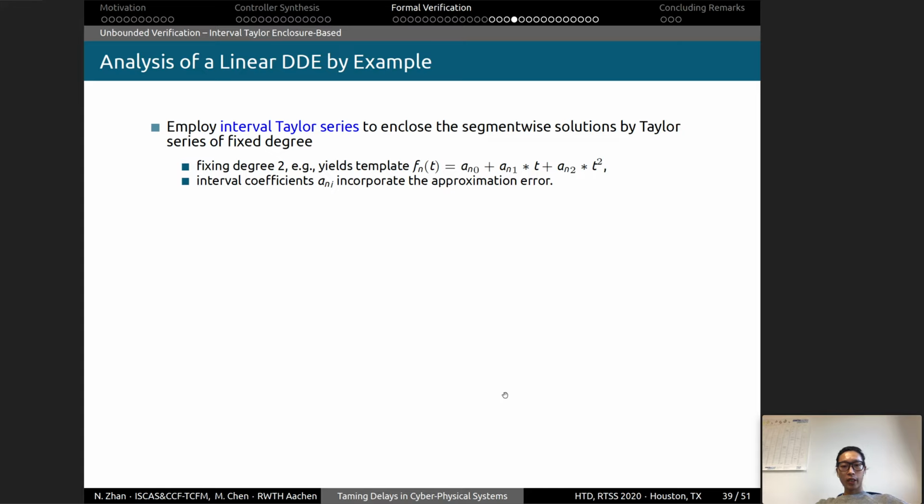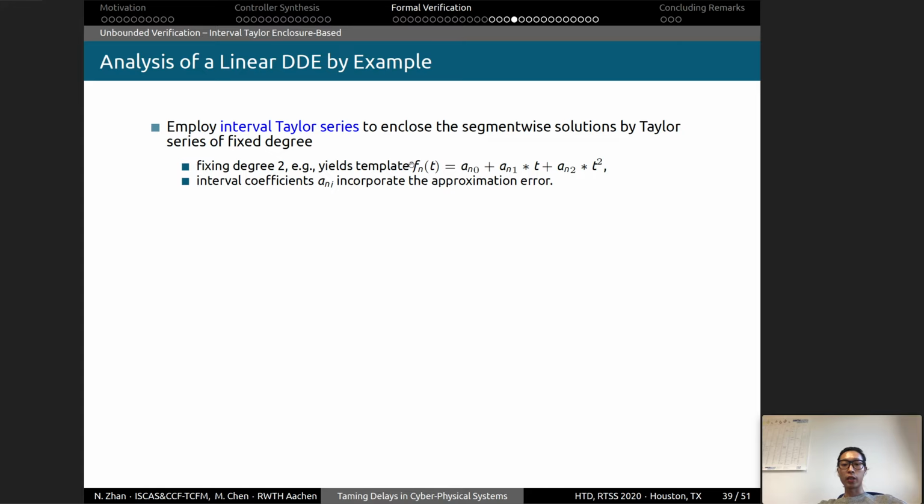So this is why the interval Taylor series come into the picture. The idea is, we first fix a degree for the Taylor series, let's say 2. Then this gives us a polynomial template up to degree 2. Now every coefficient in this template, say an0, an1, or an2, is an interval, and this interval is used to enclose the approximation error.